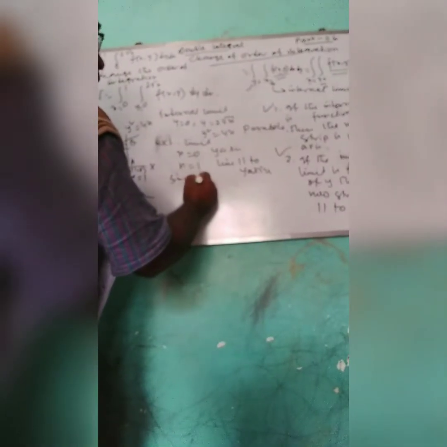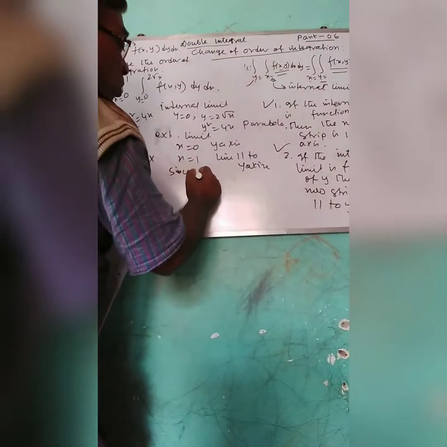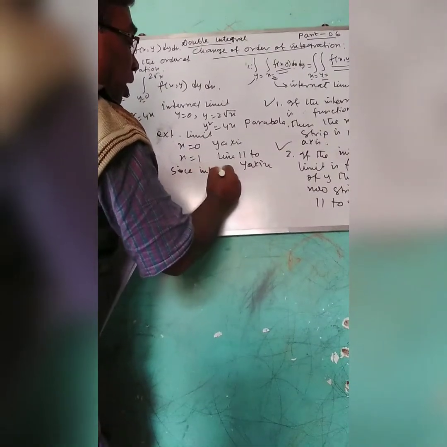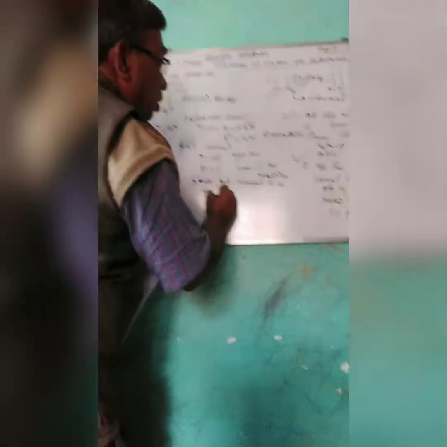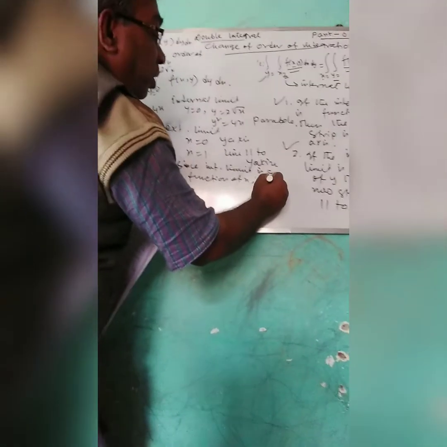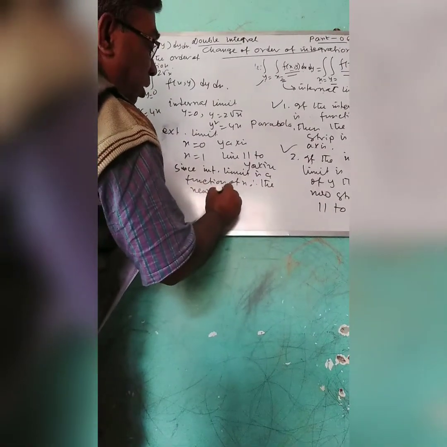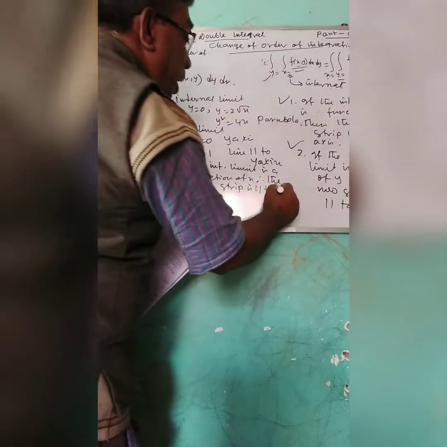Since the internal limit is a function of x, that is, y equal to 2 root x, therefore the new strip is parallel to the x axis.